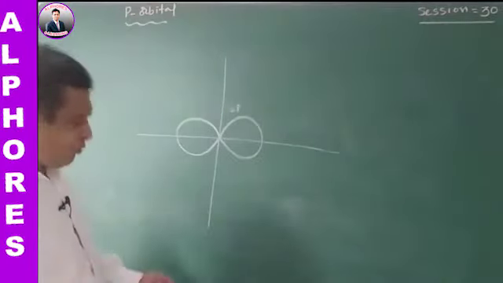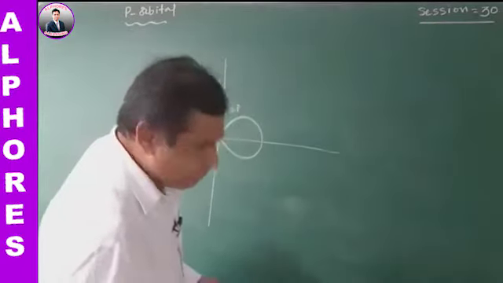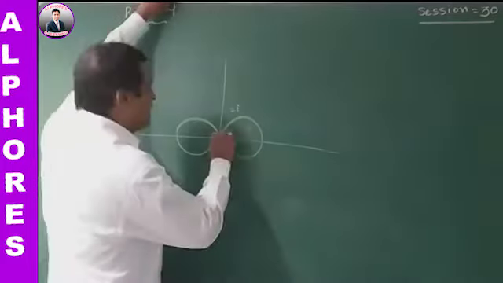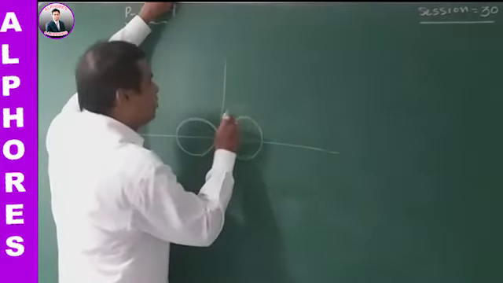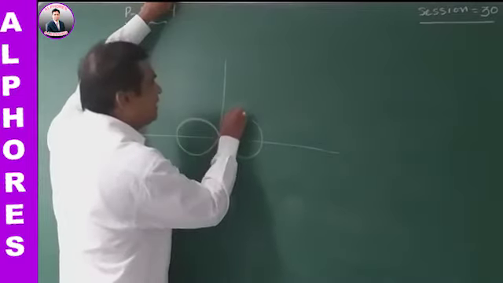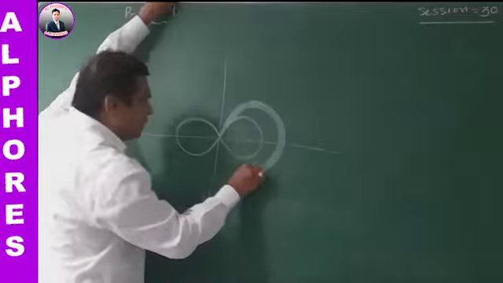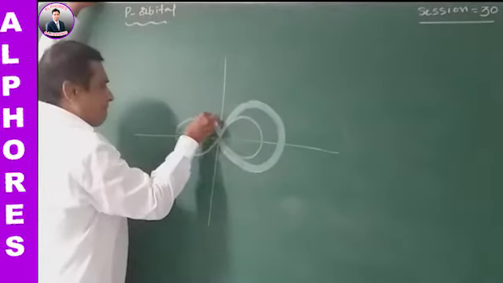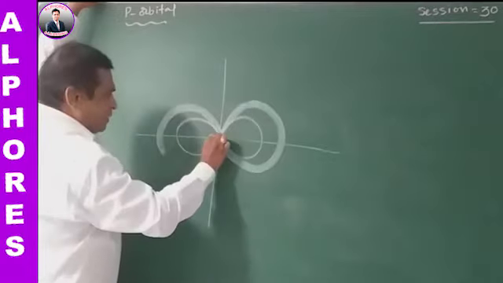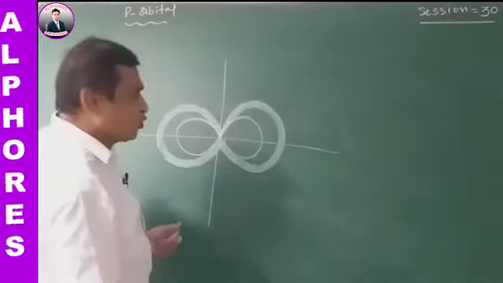Next, let us have one more dumbbell, that is 3p orbital. Now the size of the 3p orbital is bigger than the 2p orbital.